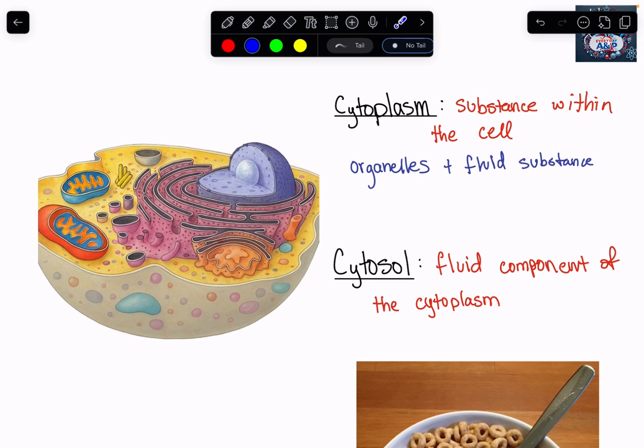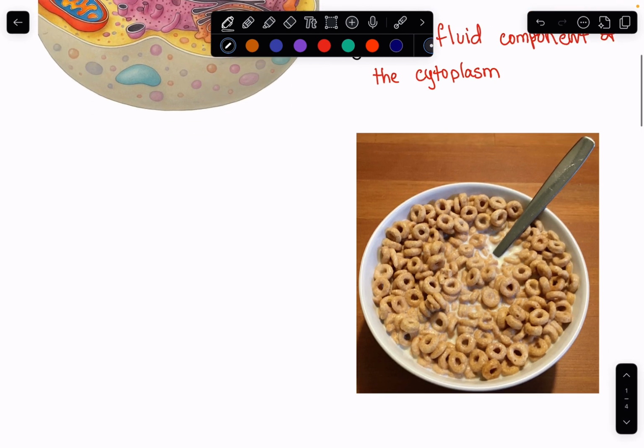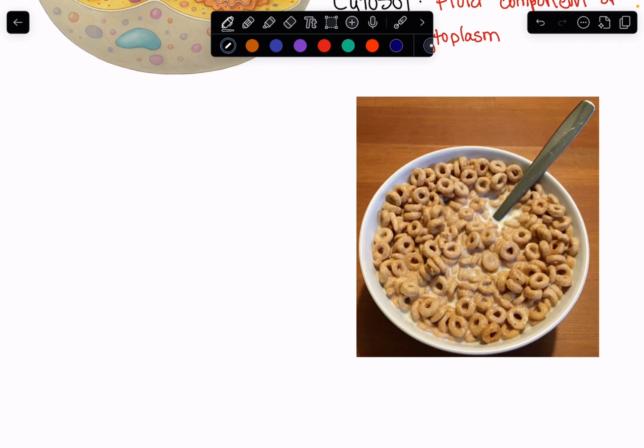Now, a way to remember this and put this into a real-world example would be a simple bowl of cereal and milk. Here we have a lovely picture of Honey Nut Cheerios. So we could say that the bowl right here is going to be our cell membrane.